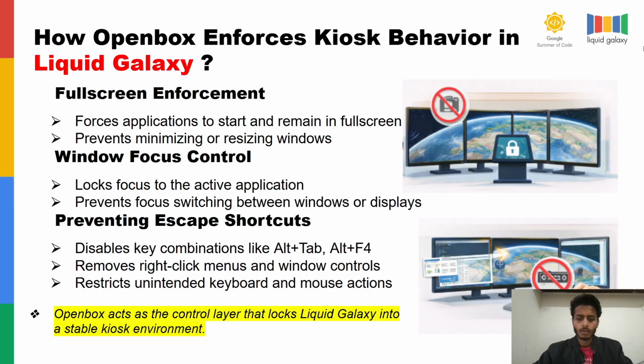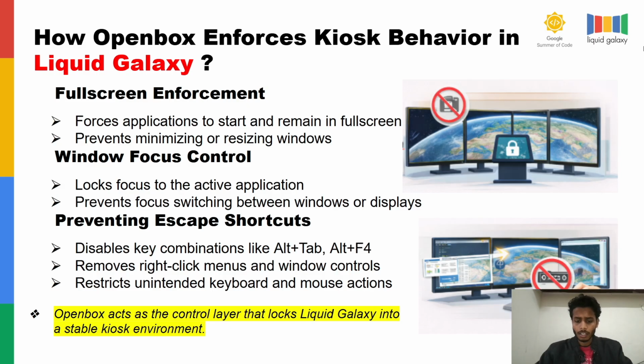Now let's talk about window focus. Focus sounds simple, but in a multi-display setup, it's actually one of the biggest sources of bugs. On a normal desktop, switching focus between windows is expected, but in Liquid Galaxy, focus must remain locked to an active application.